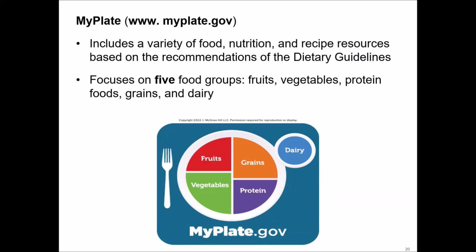But one of the things that is kind of one of their big ticket items here is this MyPlate diagram, which goes over those 5 food groups that we talked about earlier. And you can kind of see them listed here: fruits, vegetables, grains, protein, and then of course dairy.